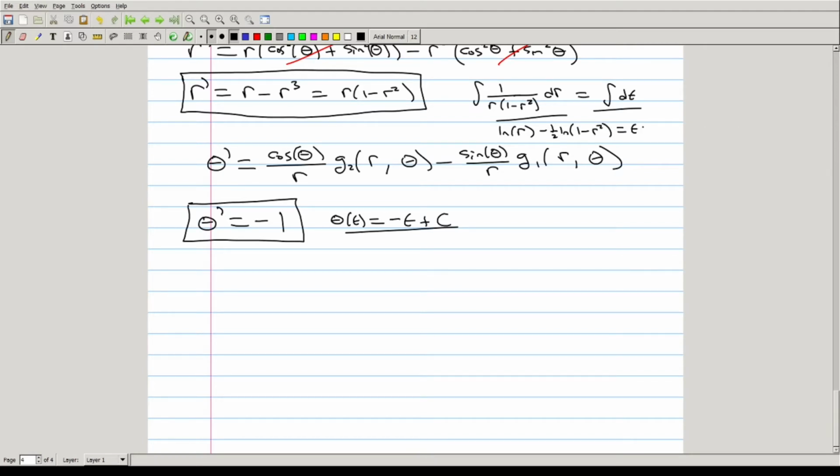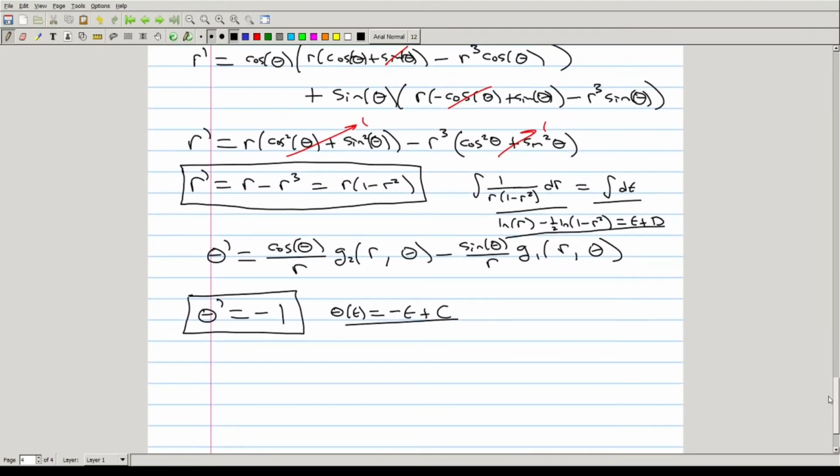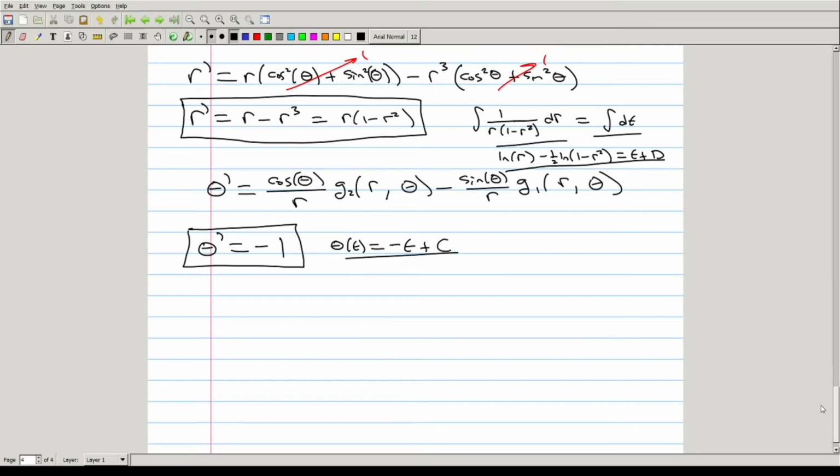This is going to be t plus some constant d. However, and this is very interesting, this is a solvable example, so you can actually go through and check numerical solutions. However, in some sense, this isn't entirely the point.